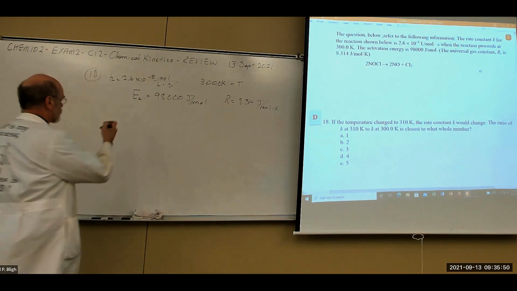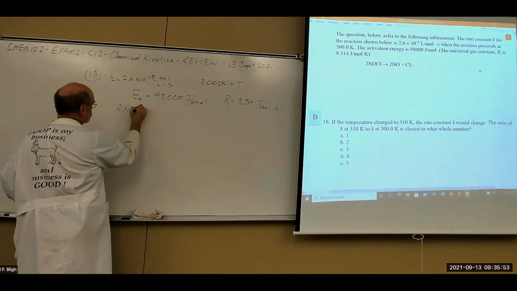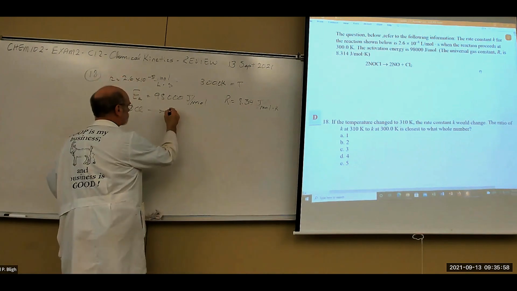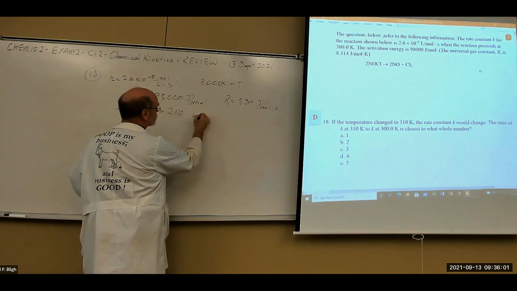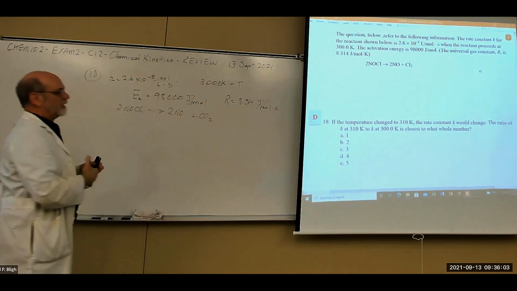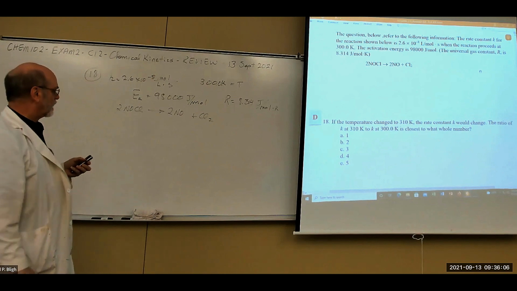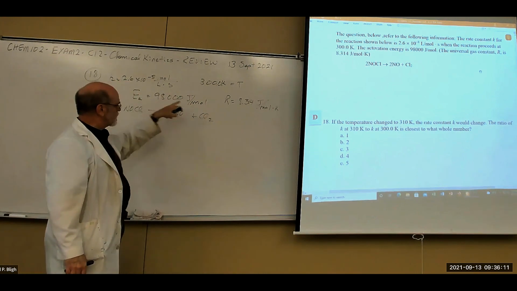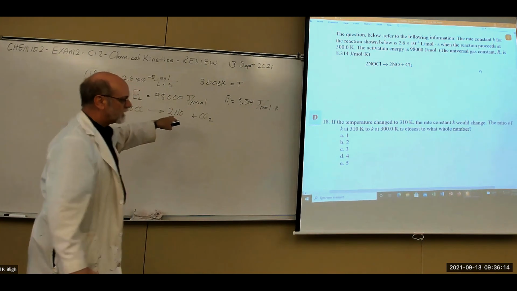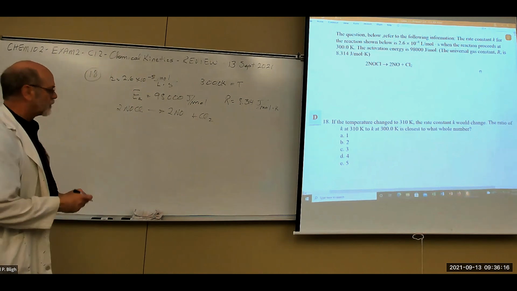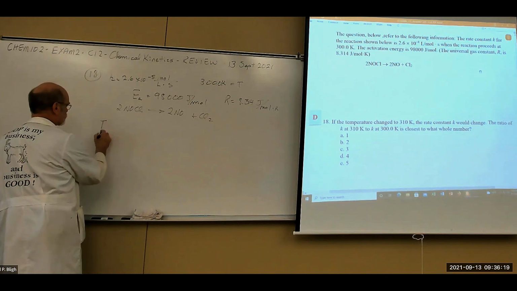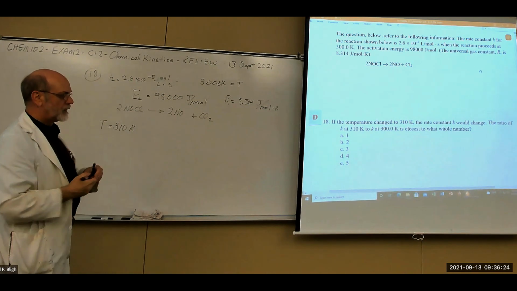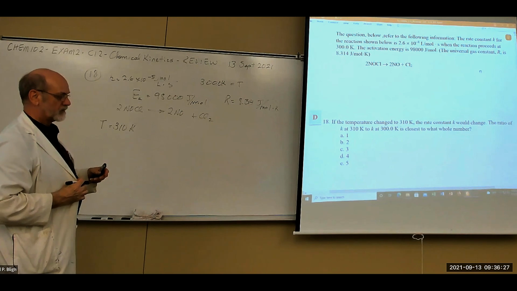And this reversed to this equation: 2NOCl yields 2NO plus Cl2. That's our starting point. This is the k for that temperature, with activation energy here, universal gas constant there. If the temperature is changed to 310 K, the rate constant would change.